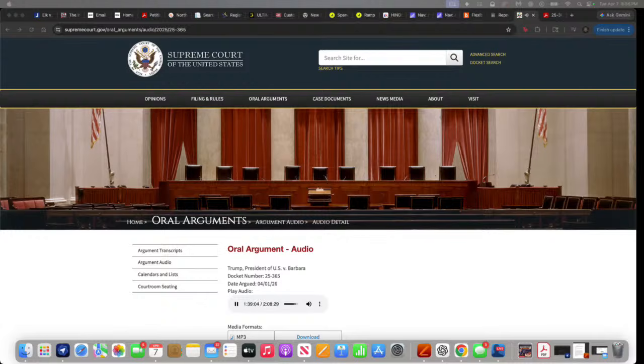In all of those cases, the parents could be naturalized, and then the children would be derivatively naturalized when the parents were naturalized. Wong Kim Ark, I'm sorry, the red light is on.